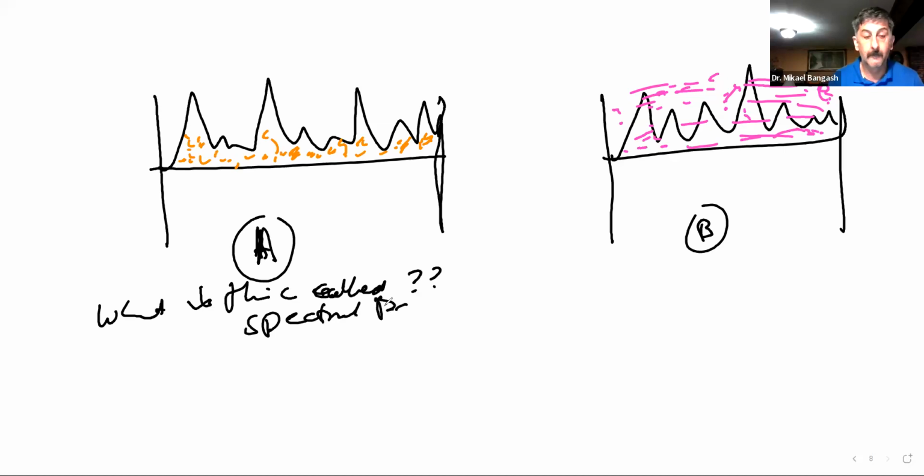Spectral broadening. Why? Because you mainly see that it's only the spectral windows that may be contaminated by what we can refer to as noise. Did that make sense? So they may say we call it spectral broadening.